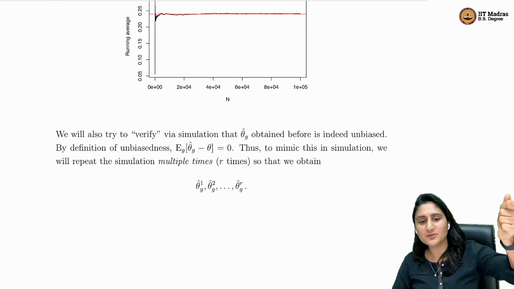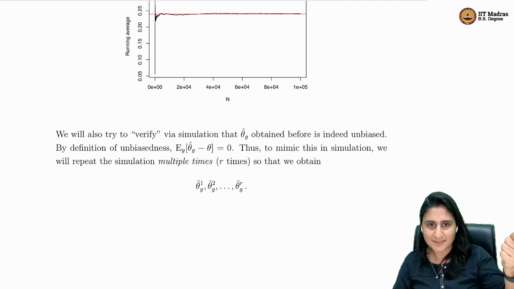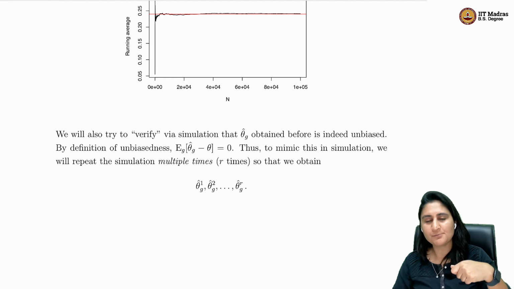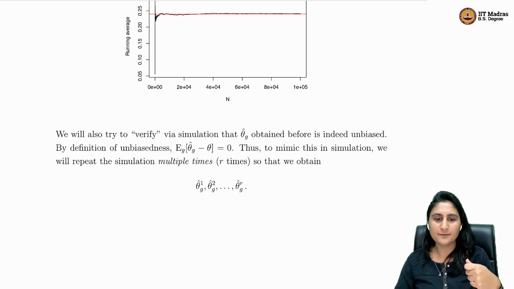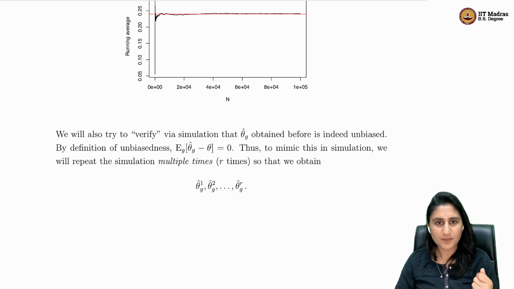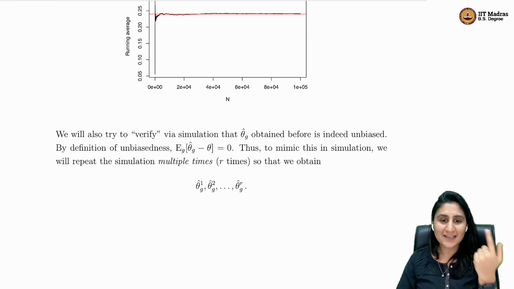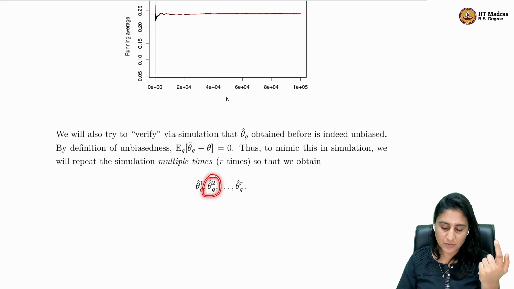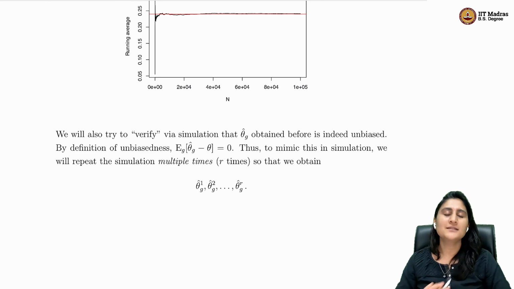I will go to my exponential distribution, get capital N samples, calculate the importance sampling estimate of theta, and that will be theta hat g1. Then I will go back and do it again. That will give me theta hat g2, and I'll keep doing this r different times to give me multiple theta hat g's.